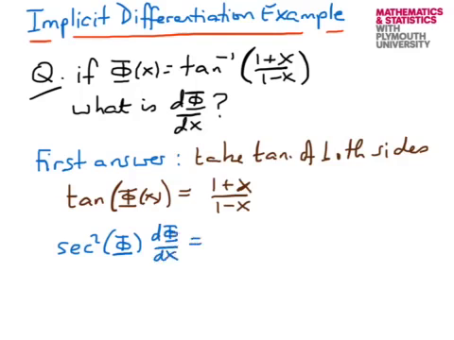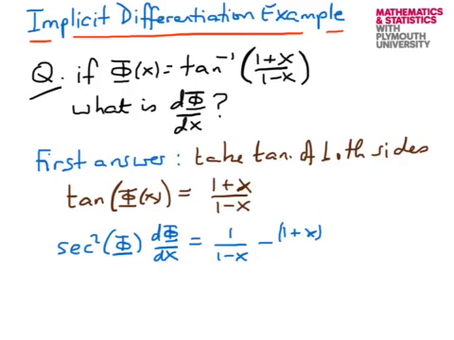And on the other side, we use the product rule together with the chain rule for powers. On the top we differentiate 1 plus x, and that is just going to be 1, and that's multiplied by 1 over 1 minus x. And then from the second term we have 1 plus x multiplying the derivative of 1 over 1 minus x, so that's going to give us 1 plus x multiplying, and now we have the derivative of 1 minus x to the power of minus 1, so that's going to bring a minus sign down, that's why I've put this here.